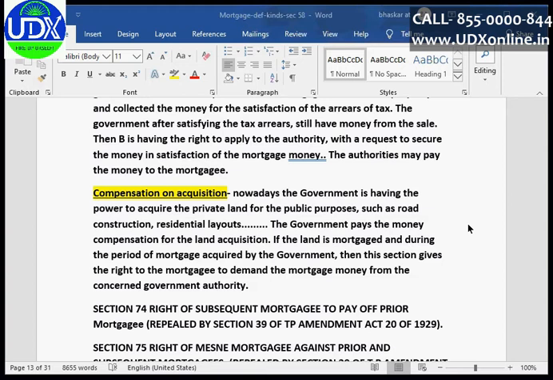He can make a petition to the concerned governmental authority.